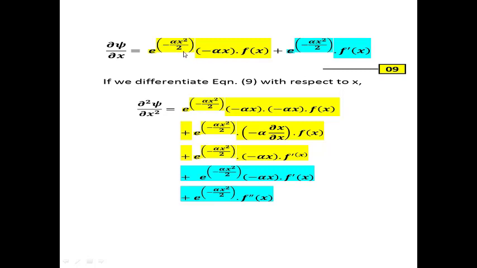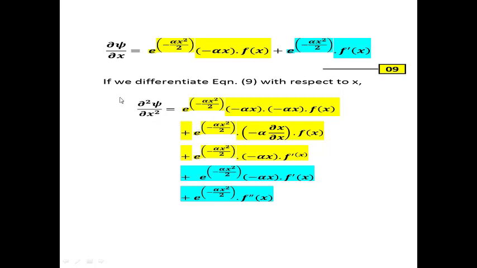Each time, I differentiate one term, the exponential minus alpha x squared by 2, and keep the other 2 terms constant. In the second line, I differentiate minus alpha x, keeping the first and third terms constant. Like that I get the final solution.